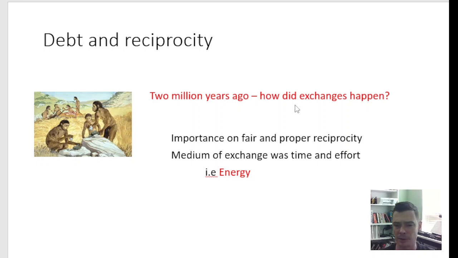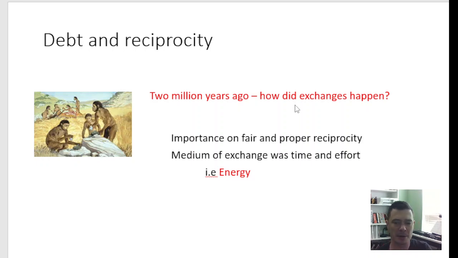But if you think back 2 million years ago, look at all the items that were available to exchange, a cow or a chicken or your own labor. The common denominator traces back to time, energy, and how much time, energy, and effort did you spend into keeping the cow alive, keeping the chicken alive, or hunting the chicken, and so on.